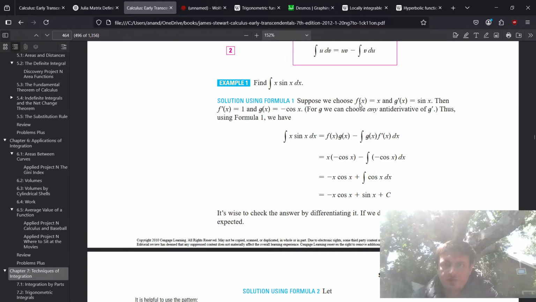Suppose we took f of x equal to x, g prime of x equal to sine.